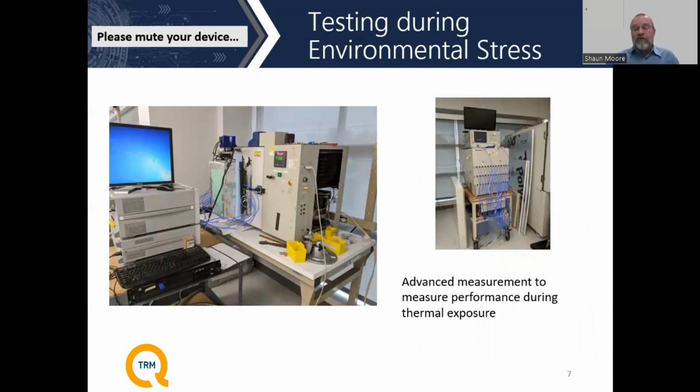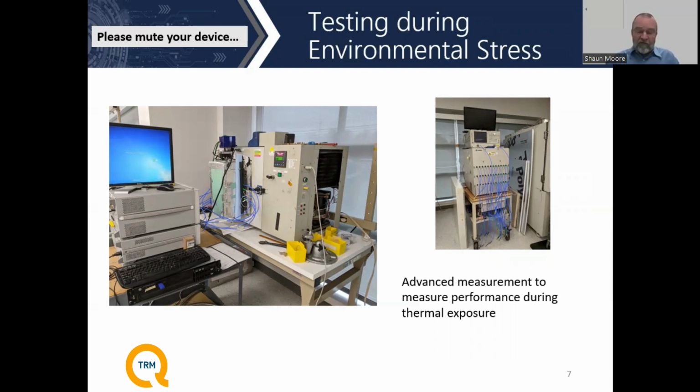As we go through this now, it's not just, will the part survive these environments, but will it operate over these environments? What's pictured here are some of our advanced ENAs and PNAs that we have here at TRM. As you can see here, we've modified thermal chambers so that we can actually measure performance of parts while they're at temperature, and we can characterize that performance at temperature.